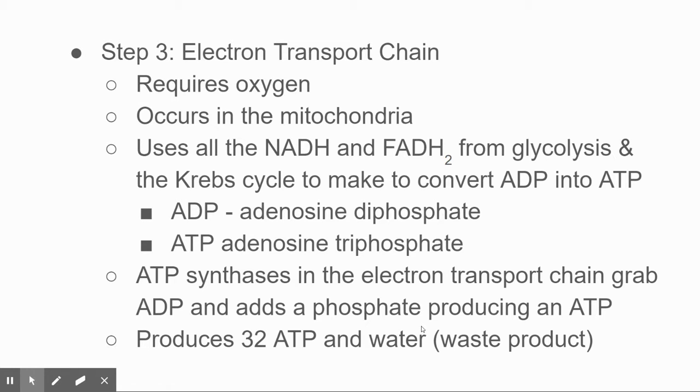ADP, if you remember, is adenosine diphosphate, the unenergized version, and ATP is adenosine triphosphate, the energized version. The ATP synthases in the electron transport chain grab ADP and add a phosphate, producing ATP. At the end of the electron transport chain, we are able to produce 32 ATP and water as a waste product.